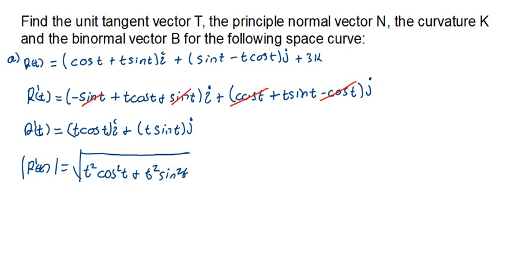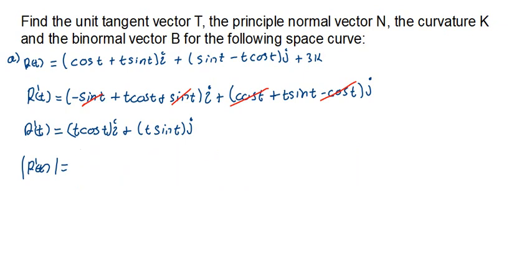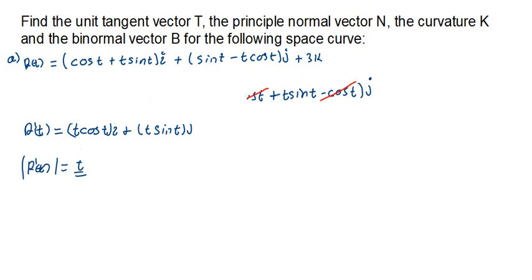You can factor out the t squared, giving t squared open bracket cos squared t plus sin squared t, which we know is 1. So we end up with the root of t squared, giving us t. Meaning the magnitude is simply t, like that.